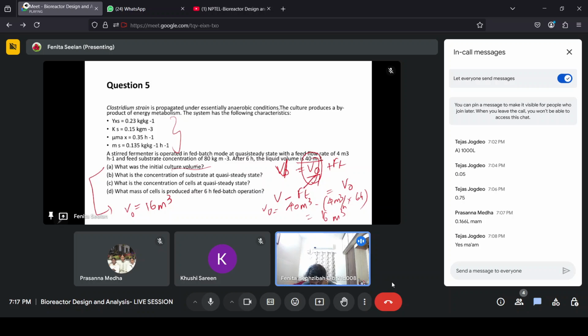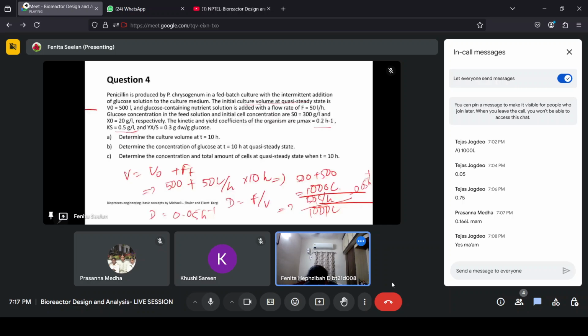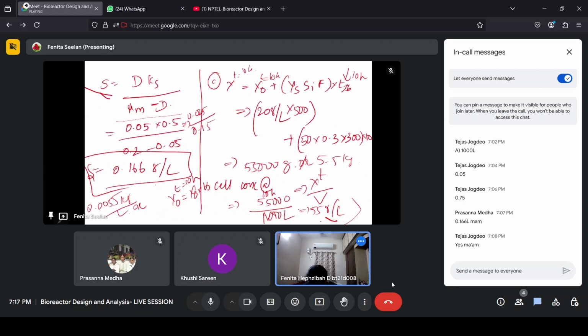What is the concentration of cells at quasi-steady state? How have we been solving? We have been calculating using the amount of cells formula and coming in terms by dividing it by the volume.